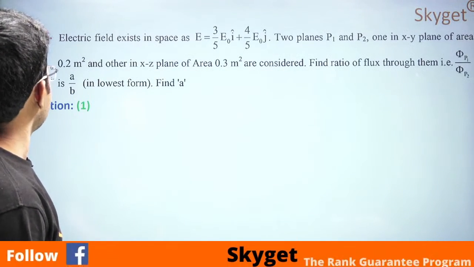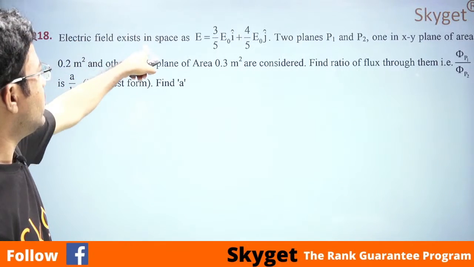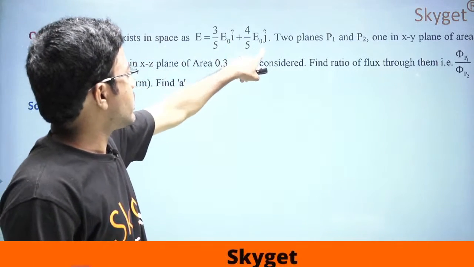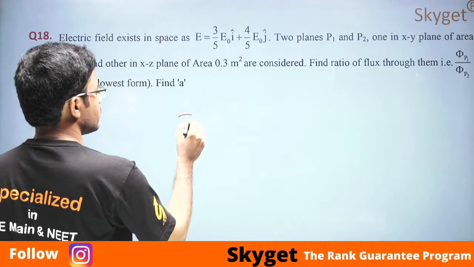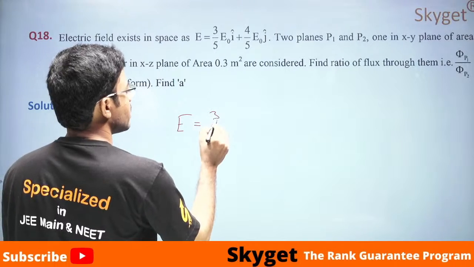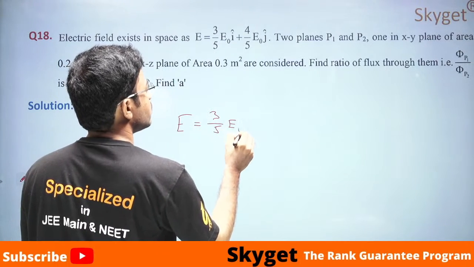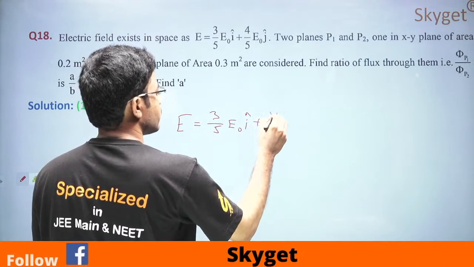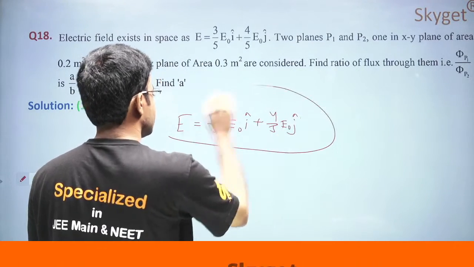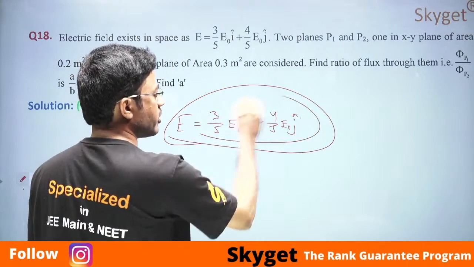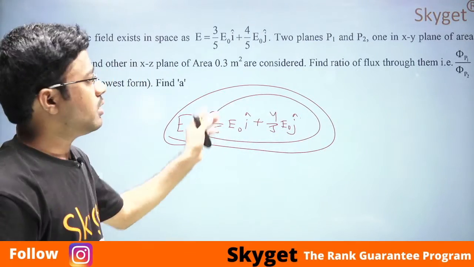Next, in problem number 18, he has given the electric field in the direction of the x and y axes. So he has given the field intensity E equal to 3 by 5 times E naught i cap plus 4 by 5 times E naught j cap. So there is a field in the direction of the positive x and y axes.